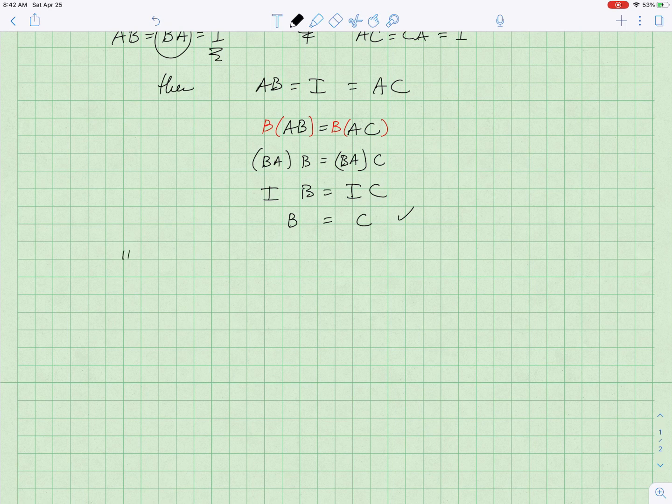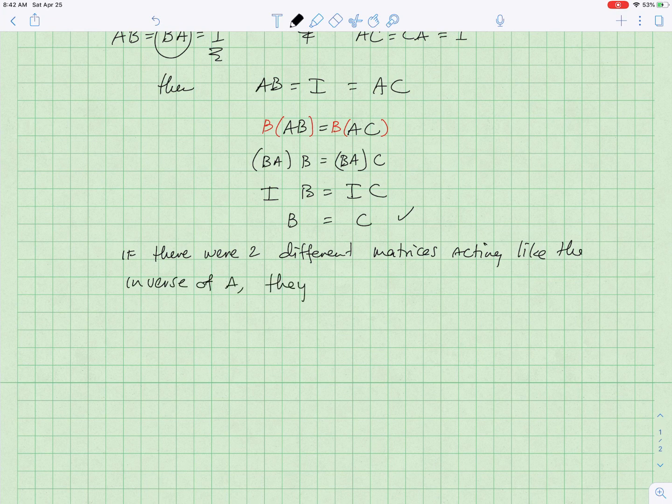So if there were two different matrices acting like the inverse of A, they would have to be the same matrix.